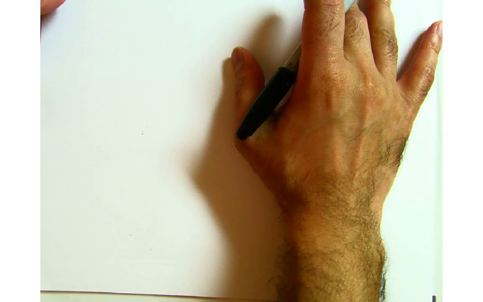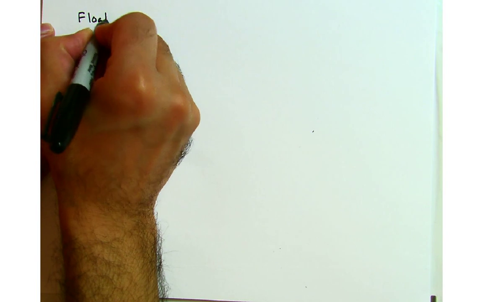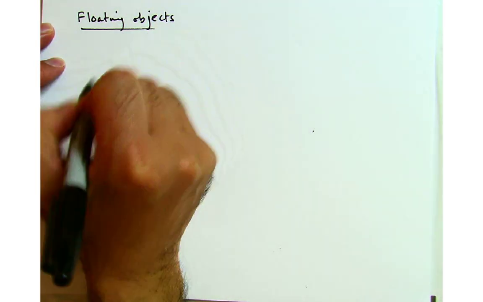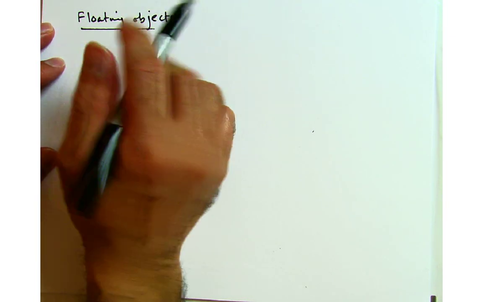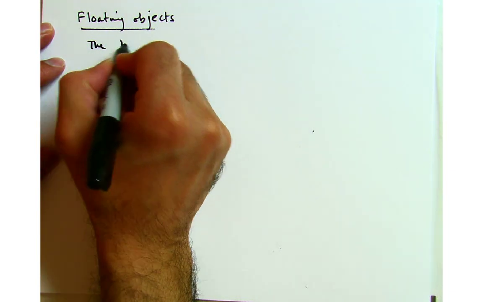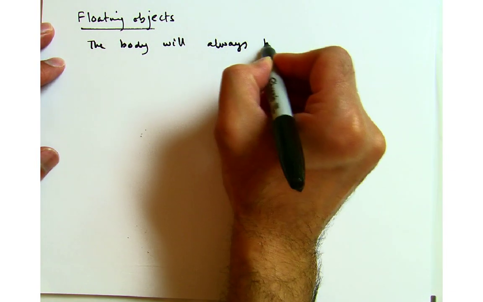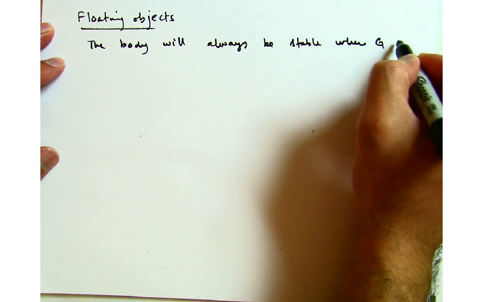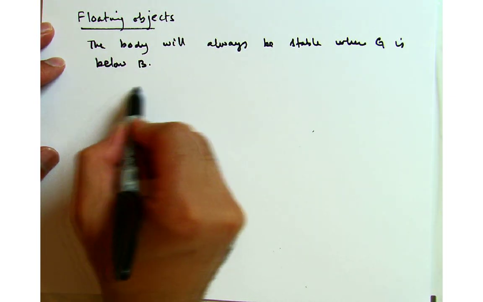For the case of floating objects, the body will always be stable if G is lower than B. Again, what we discussed earlier, the body will always be stable when G is below B. The same idea applies.